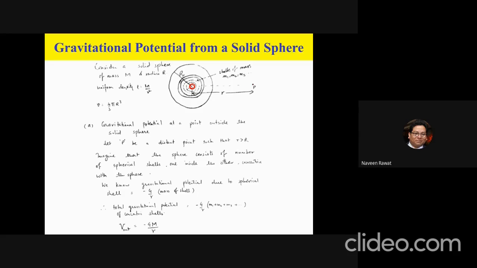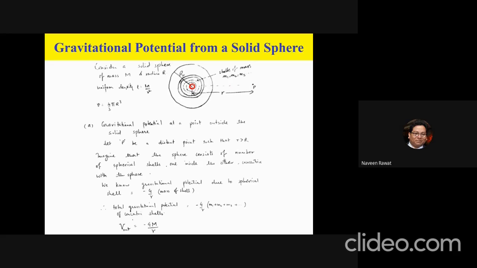You already know the gravitational potential due to a spherical shell outside the shell, so you use this idea. You create as many shells as you can inside this solid sphere, and all those gravitational fields just add up, and you get the entire gravitational field created by a solid sphere.